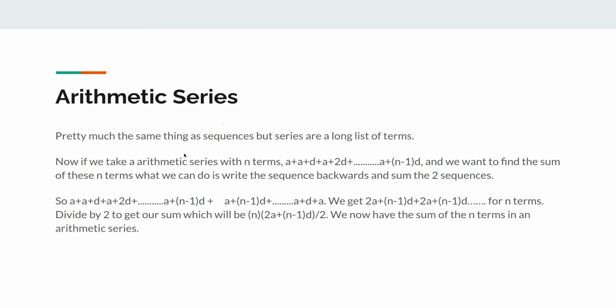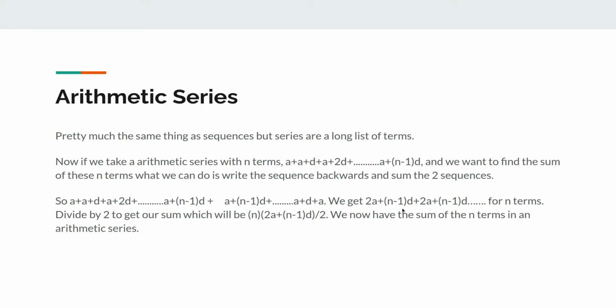So if you take the arithmetic series with n terms, a, then a plus d, and then a plus 2d, and you sum all of them, like you want to find their sum, right? What you can do is write this in reverse order. So you write a plus (a plus d) plus (a plus 2d), and so on, up to a plus (n minus 1) times d, and then you reverse it and add it to the same thing.